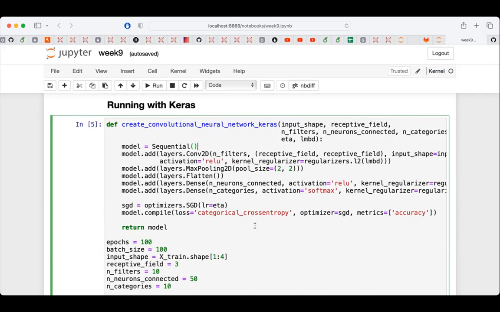And this is the simplest way by which I can set up the convolutional neural network with Keras, where I have one convolutional layer. There is a max pooling. I flatten out everything, and that's fed into a dense neural network. And then I have a final output layer, which is now given by this one, where I have a softmax activation function. And I have 10 classes I want, or categories I want to classify.